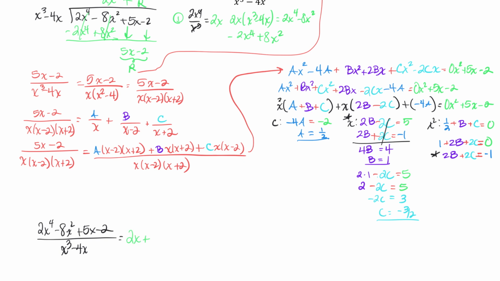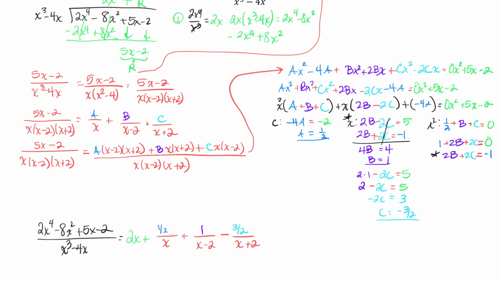And now we're going to add to this everything we found in the remainder. Well, a is 1/2, and it's over x. So 1/2 divided by x. And then b was just 1, so it's just 1 over, we did x minus 2 next, I believe. Yes, x minus 2. And then c is negative 3 halves, so I'm going to subtract my 3 halves over x plus 2.